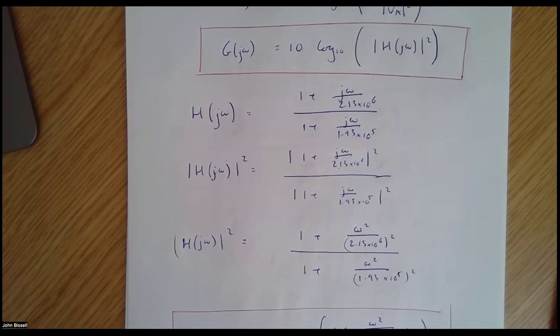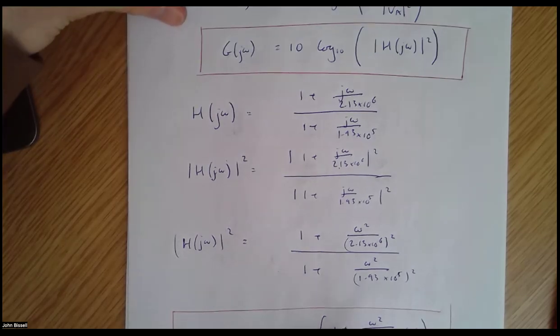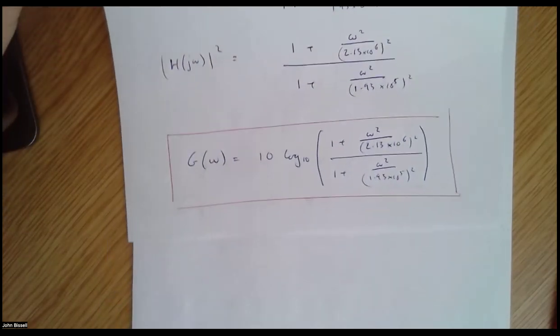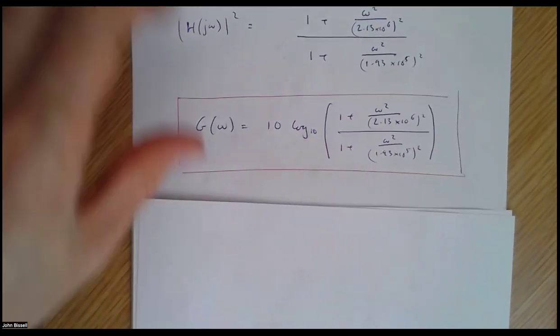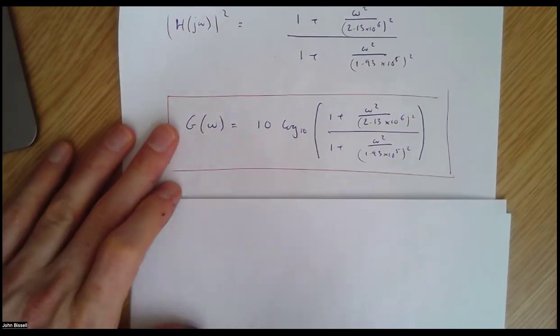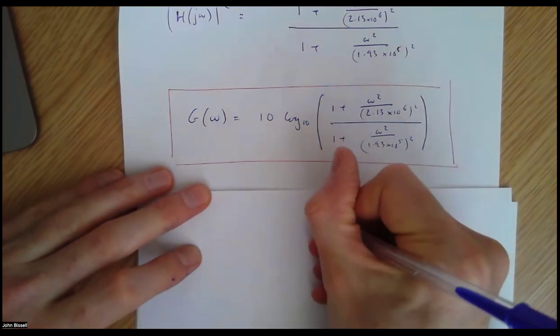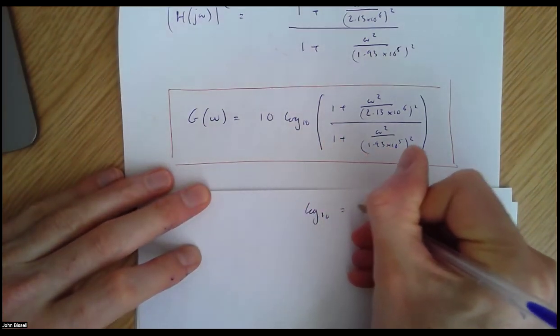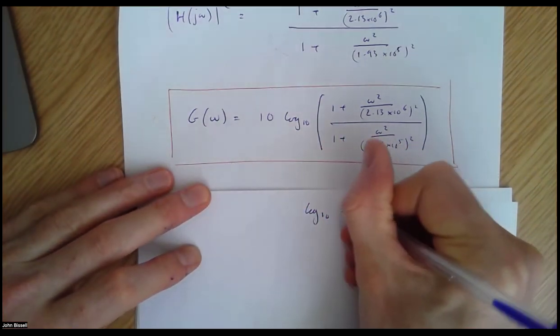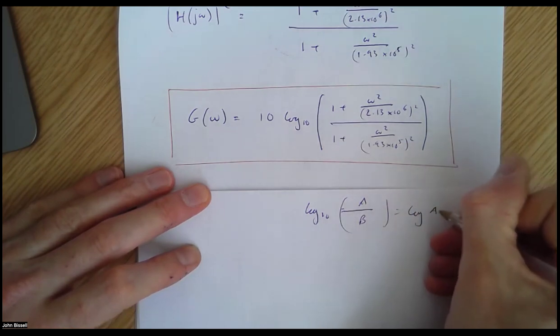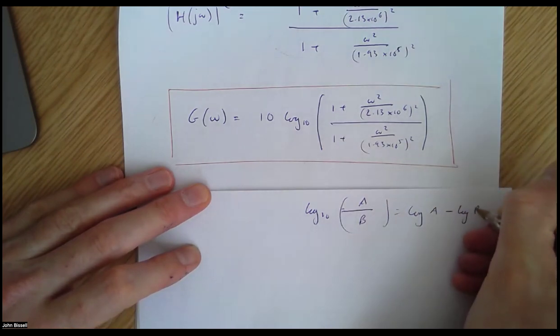Right, now let's think about what each part of this is doing. I'm slightly freestyling here. So remember that if we've got the log of A over B, it's log A minus log B, isn't it?